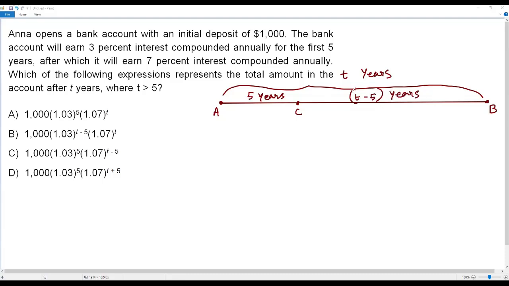The question says for the first 5 years, the account earns 3% interest compounded annually. So for the deposit of $1,000, first let me write the formula for compound interest. That is A1 equals P times (1 plus R over N) to the power of NT. Now let's understand the components of this formula. Usually we write A, but here I write A1.